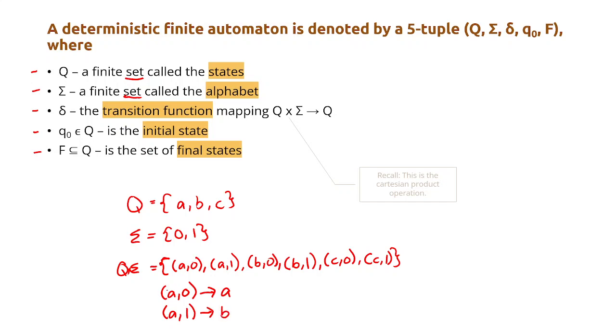It simply means that A0 maps to A, then A1 maps to B. So later we will see how this thing works.